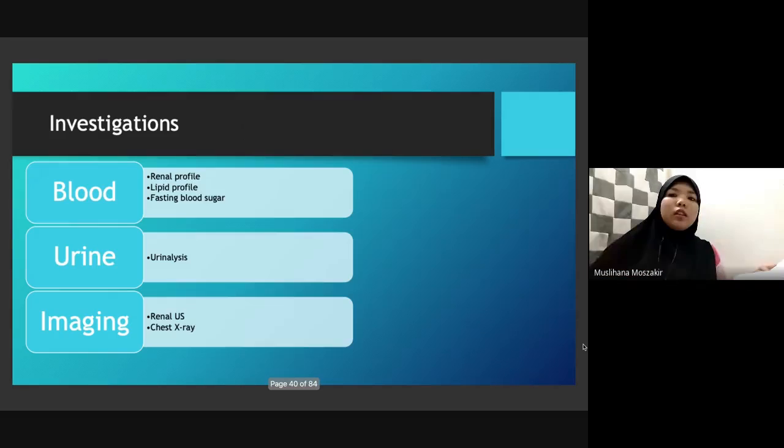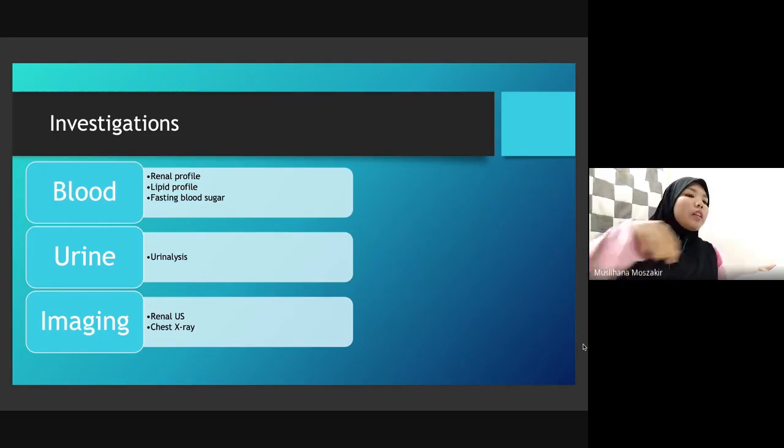Next, in the investigation, I'll divide the investigation into 3: blood, urine, and imaging. From blood, we can do renal profile, lipid profile, and fasting blood sugar.